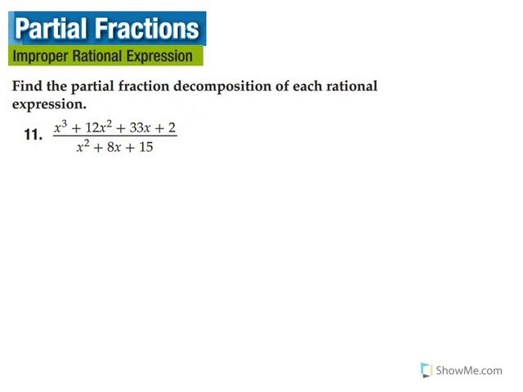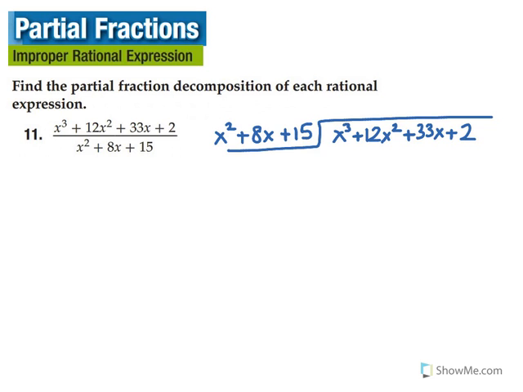So I should write the expressions, and the idea is I will find a term so that I will have the first term here, x cubed, when I multiply my term with x squared. So I should write x here, because x times x squared will give me x cubed.